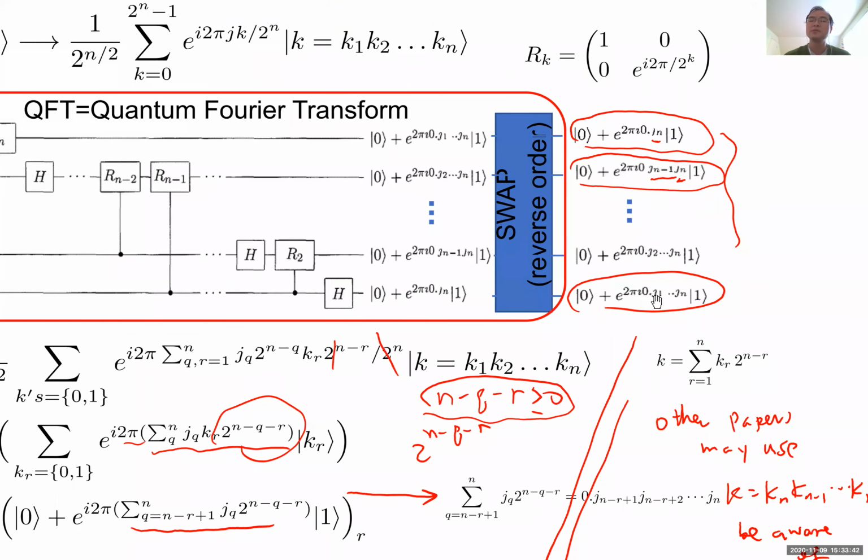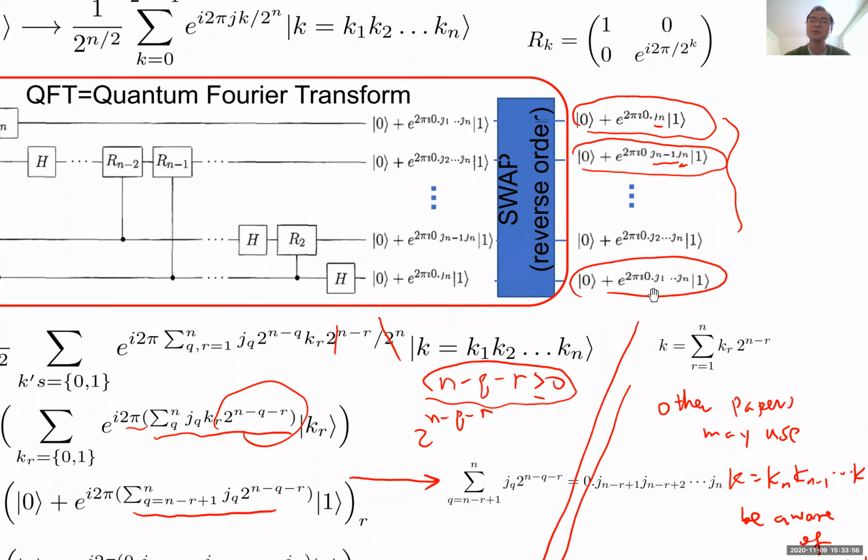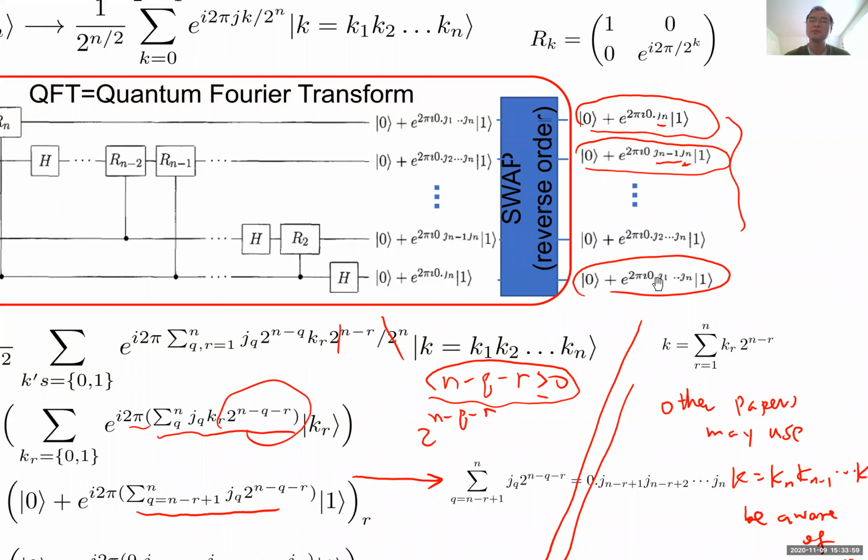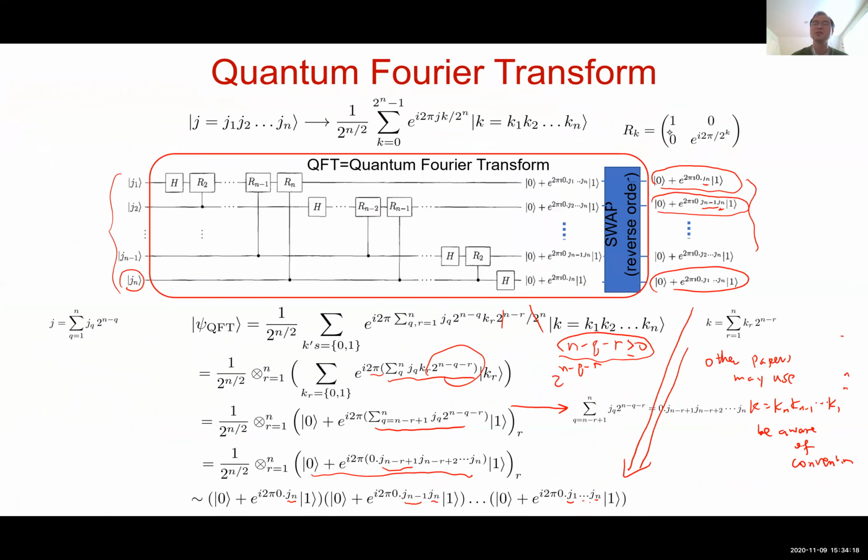The last qubit has all the phases, digits J1 up to Jn, and you can think of this one as a shift of this to the left. But J1, if you shift it to an integer position here, has no contribution because e to the 2 pi i times an integer will give you 1. You can imagine you shift more digits until you have the last digit Jn here. So I hope the structure is clear. Maybe I pause here to see if you have questions.